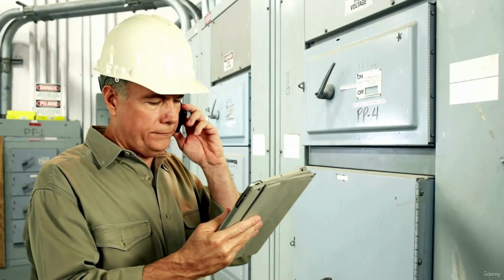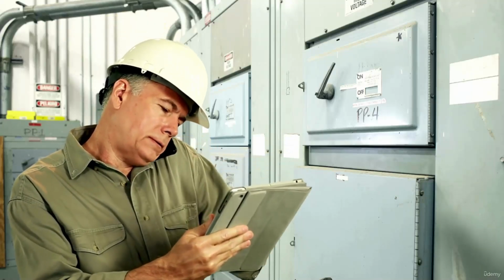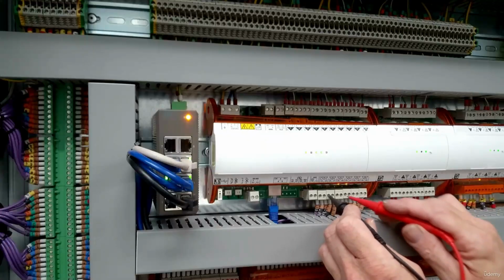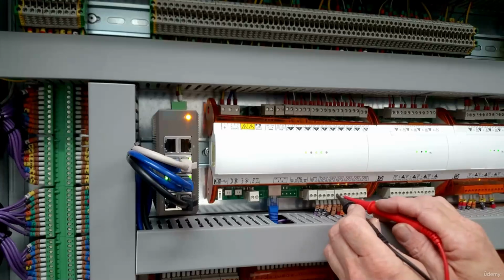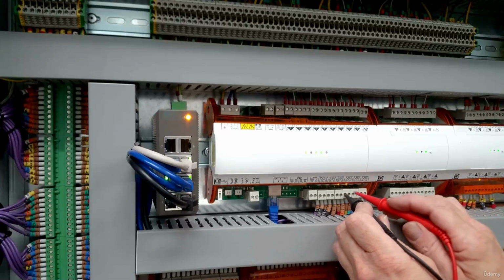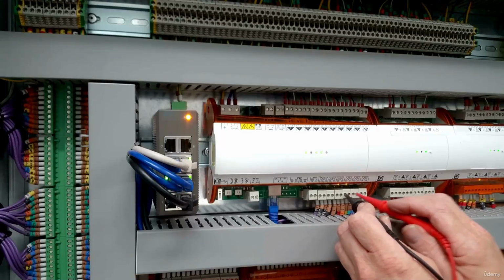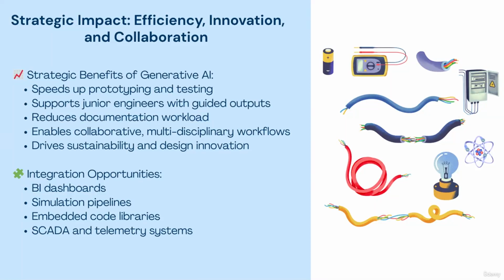For junior engineers, AI acts as a mentor, producing code, visualizations, or explanations on demand. For teams, it acts as a common knowledge base, supporting cross-disciplinary collaboration. Whether you're working on renewable energy optimization or firmware for a sensor node, generative AI helps electrical engineers work smarter, faster, and together.